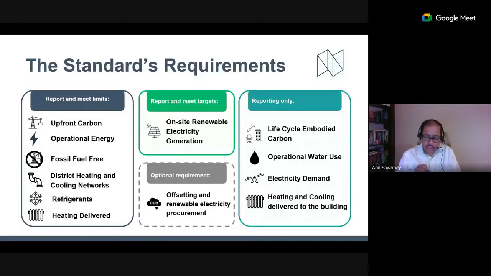So this is a starting point. As you can see, they've gone one step. This is a great first step. You are required to do whole life carbon, but right now the limits have been set for upfront carbon, not life cycle embodied carbon. They require both energy reporting as well as operational emissions because of grid decarbonization.